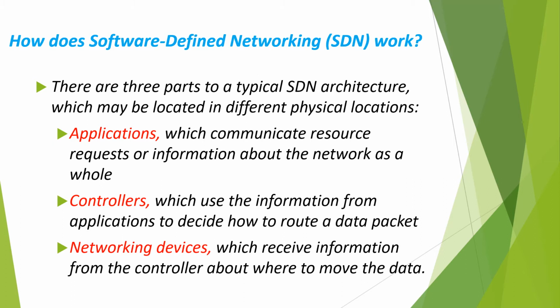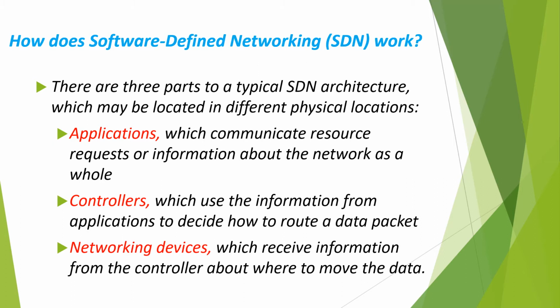So if somebody wants to use the controller or get information, that will need to be done via the applications. Another part is the controllers. The controller is an intelligent layer which will be taking information from the applications, and it will decide how to route the data traffic. So the controller will actually take the routing decisions in SDN. And then the important layer is the networking devices.